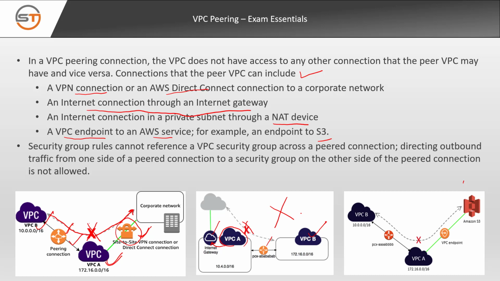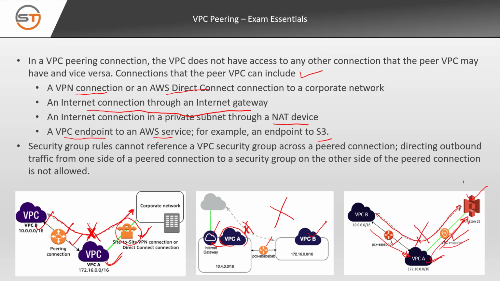Similar to the internet gateway and VPN connection, say suppose VPC A is now connected to Amazon S3 through a VPC endpoint, and VPC A and B are connected with a peered connection. Can VPC B talk to S3 through the peered connection to A? VPC B can talk to A, but from A, can it talk to Amazon S3 through the VPC endpoint?